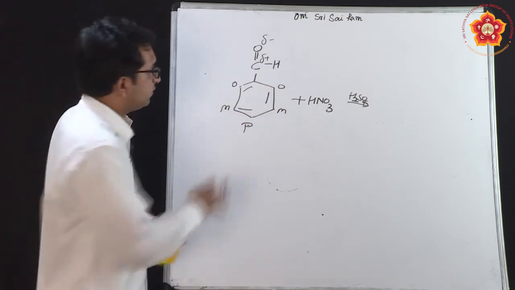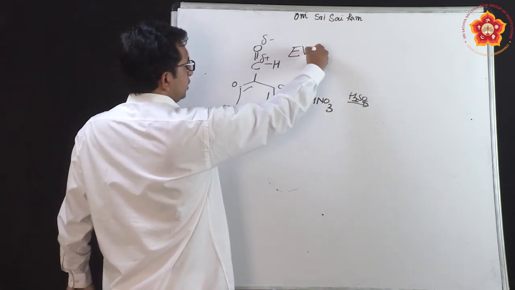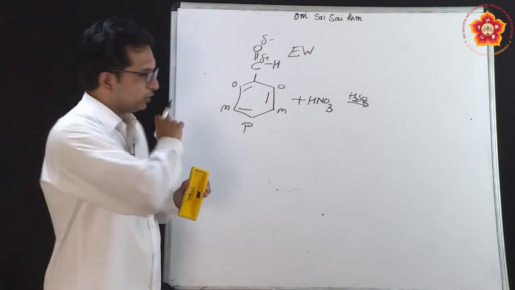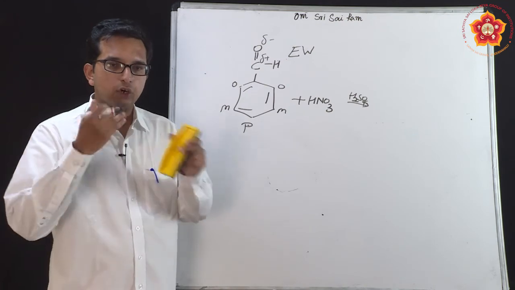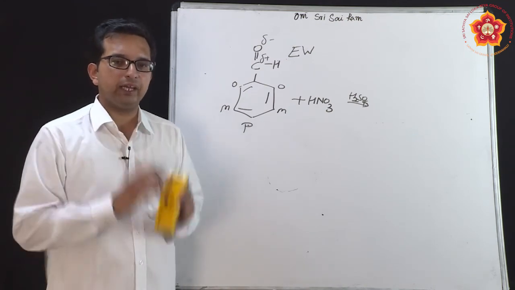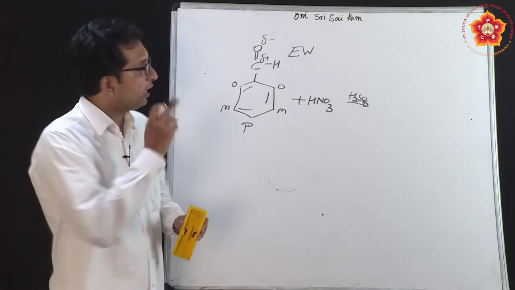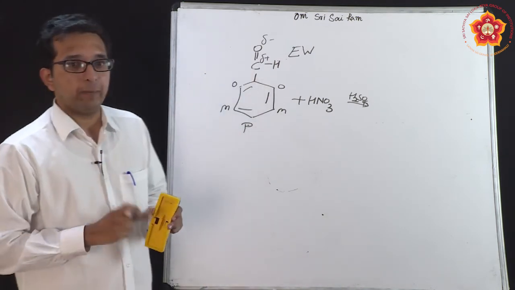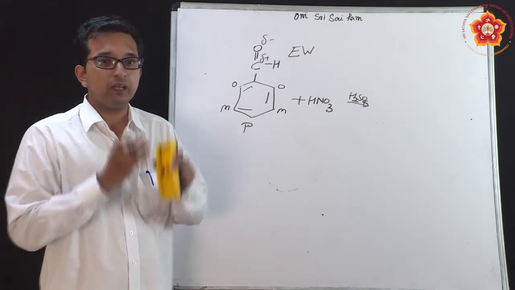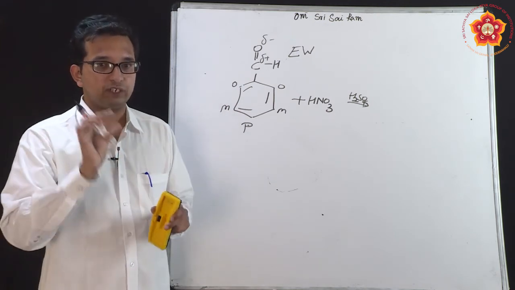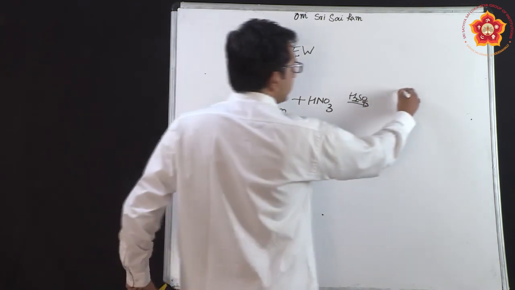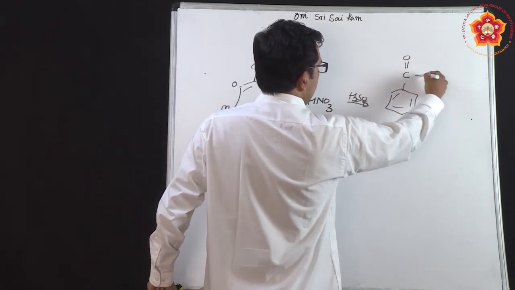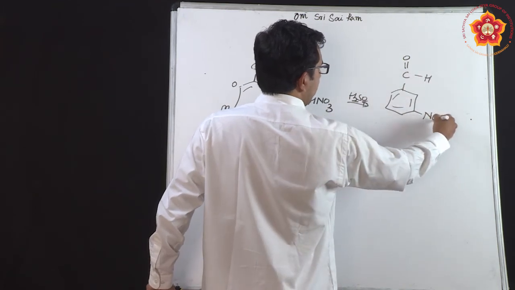And we know that if these are electron withdrawing groups, the product that we get is the meta product, which we have studied in the resonance parts. If they are electron donating, we get ortho and para, and again in that para product is the major product. If it is an electron withdrawing group, then we tend to get meta products. This you must have studied in first year concepts of resonance. So, the product that we get here is the same benzaldehyde, and to that we add NO2 at the meta position.